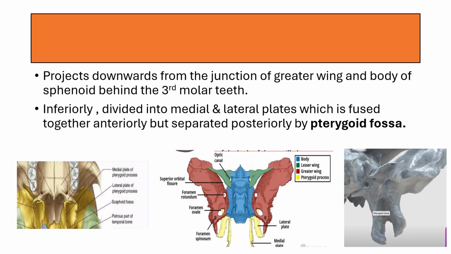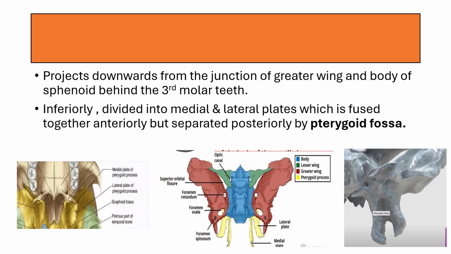Inferiorly, the pterygoid process is divided, as I told you before, into medial and lateral plates, which are fused together anteriorly, but separated posteriorly by the pterygoid fossa.